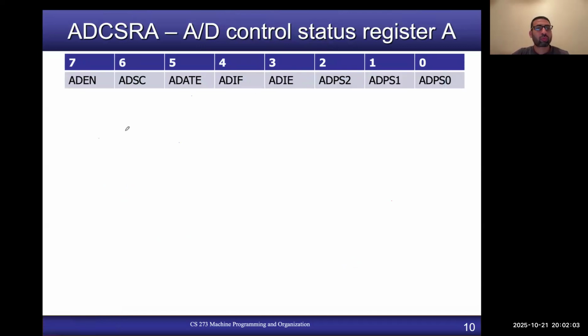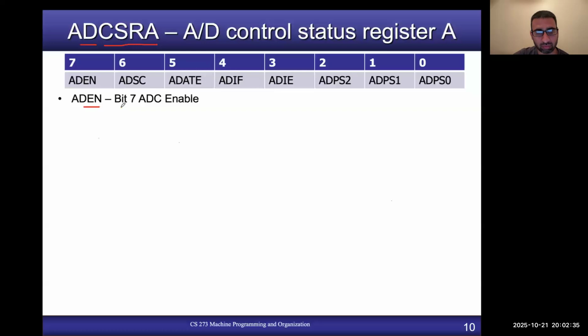Okay. So the other register which is associated with analog to digital conversion is ADCSRA. It stands for analog to digital conversion control and status register A. There are two registers, register A and register B, so let's first have a look at register A. Starting from the most significant bit, bit 7 is ADEN, which means analog to digital conversion enable.